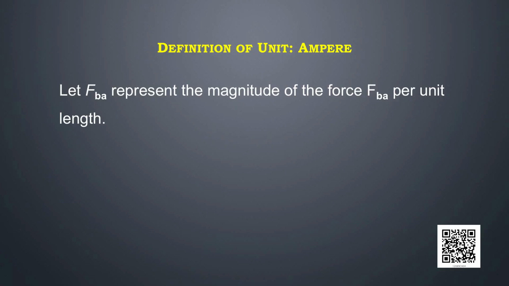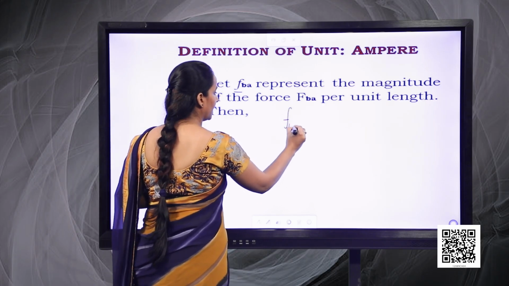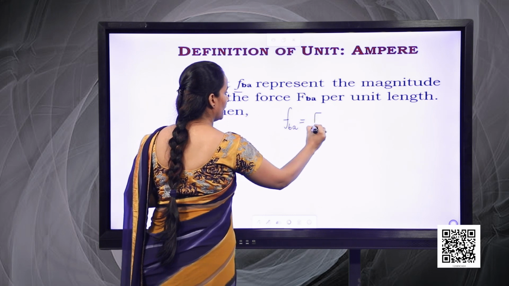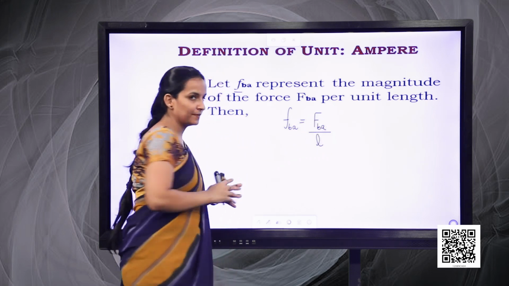Let small fBA represent the magnitude of the force FBA per unit length. It means we are taking fBA equals FBA divided by length.